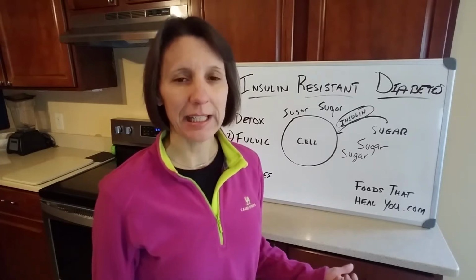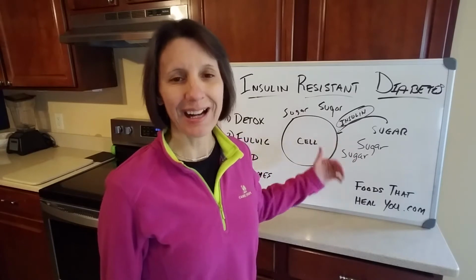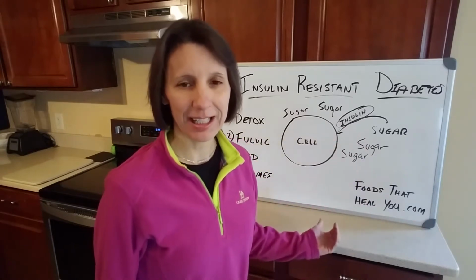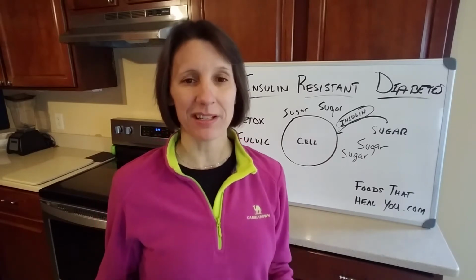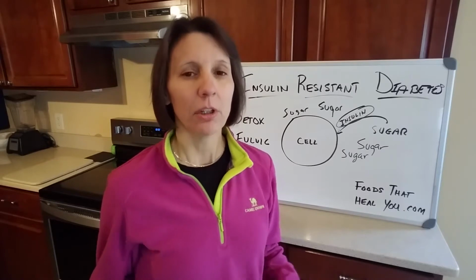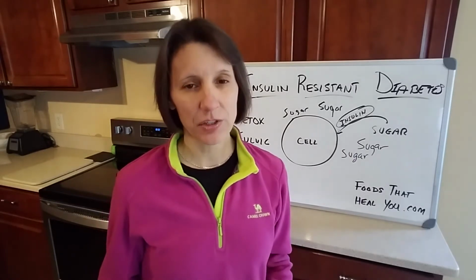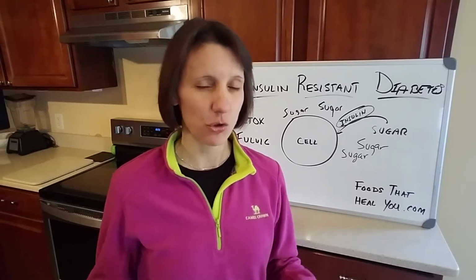Well, the reason it can't get in is because there's fat buildup on the cell wall, not allowing the sugar to get in. So fat's basically taking sugar's place. And the way that happens, it's toxic overload. It's toxic waste buildup over time from unhealthy diets with fast food, fried food, processed foods, unhealthy fats, trans fats.